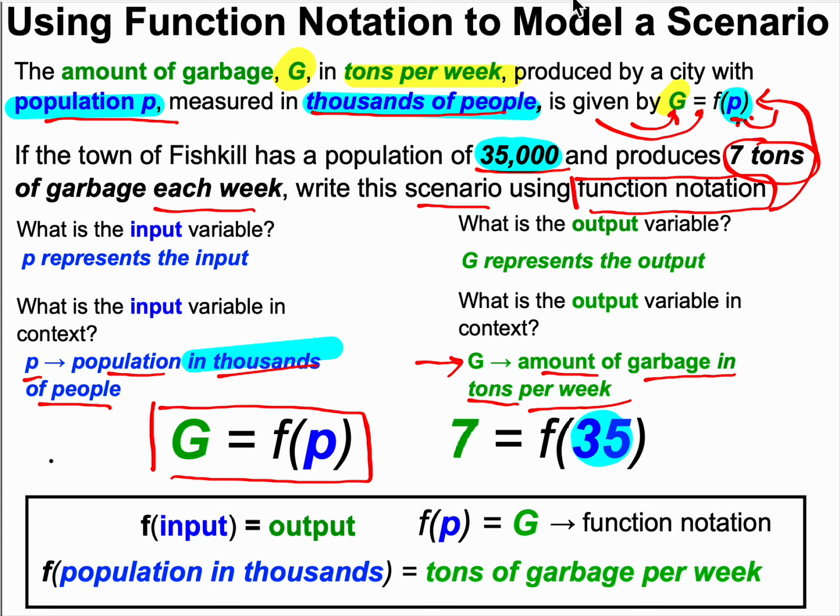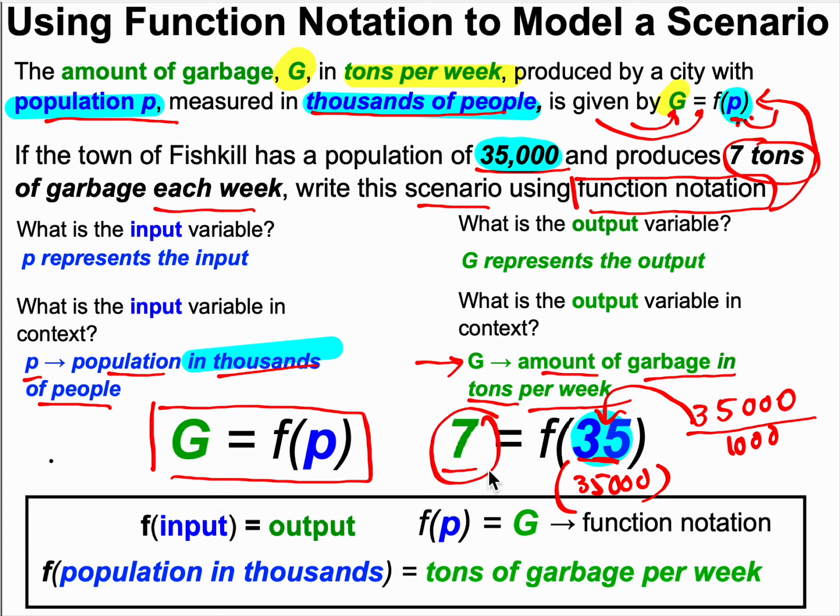So I need to divide that by 1,000, right? I'm not going to put 35,000 inside here. Each P represents 1,000 in the population. So in this case, I'd need to divide by 1,000 to get, when I input 35, this 35 represents 1,000, I get an output of 7 tons of garbage each week.